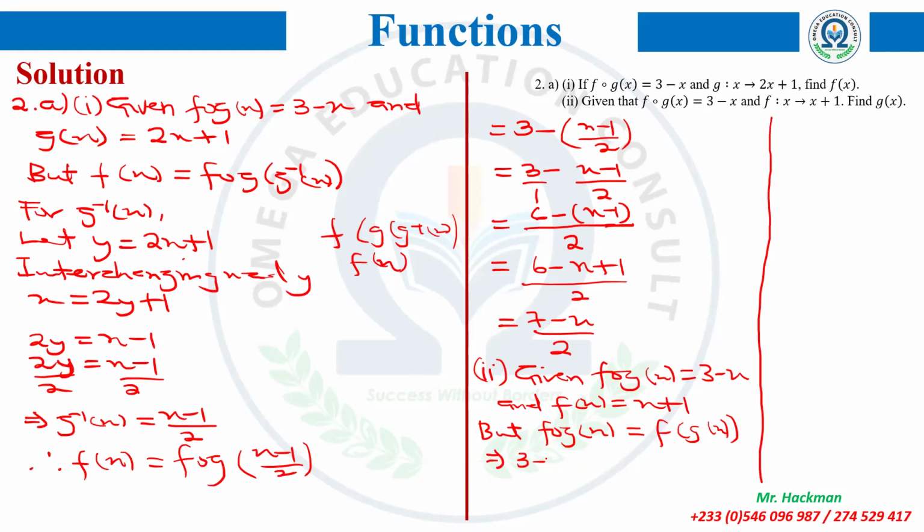So 3 minus x is equal to, f of g of x means wherever I see x in f of x, I put g of x there. So it will be 3 minus g of x. Which in effect will give me, I will move this one to the side. So g of x, I will do that mentally, will be equal to, these two terms. So I will get 3 minus 3, that will go. Then this will give me x. All correct.